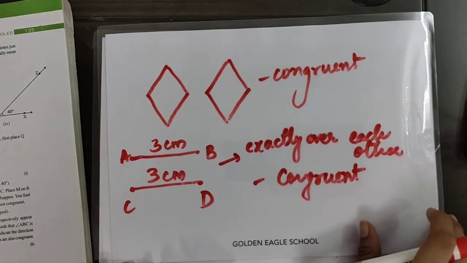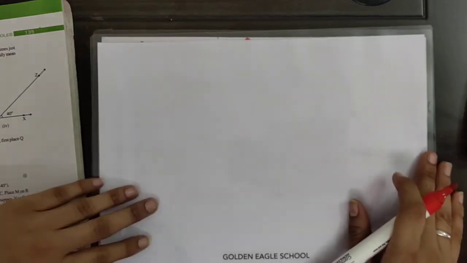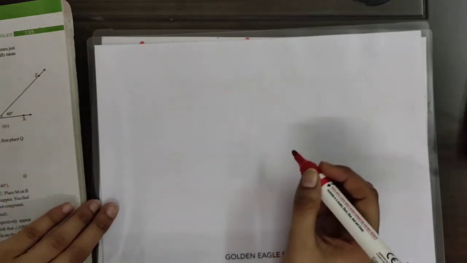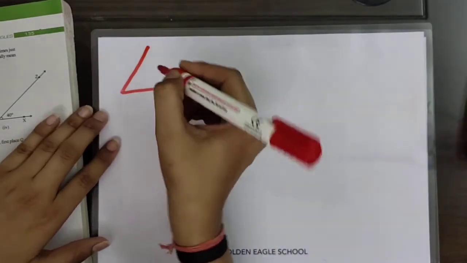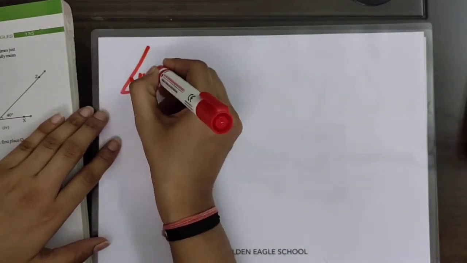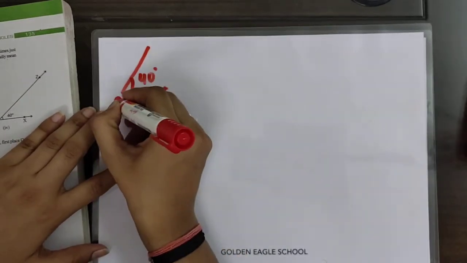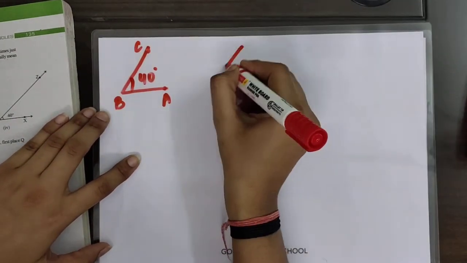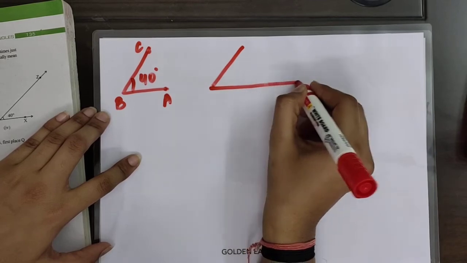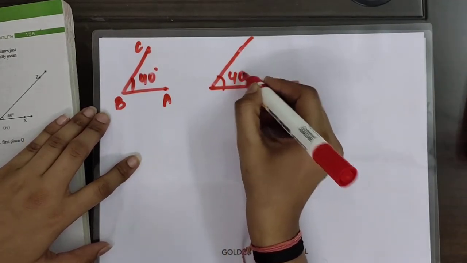Now we will talk about congruence of angles. When we are having two angles, this one is 40 degrees. This is angle ABC. Similarly, we are having another angle, this is also 40 degree.